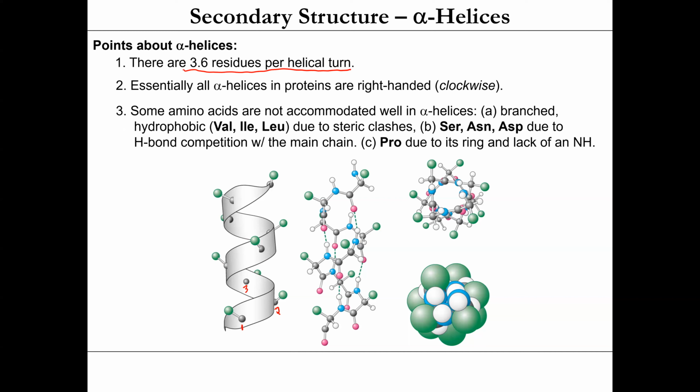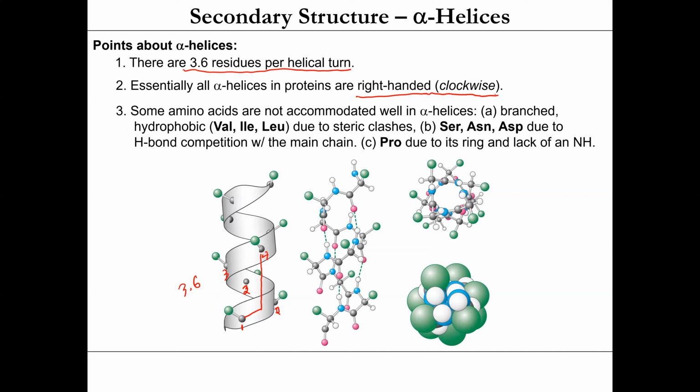And then the fourth residue here is a little bit more than one helical turn. So there's 3.6 residues per helical turn. Another point is that essentially all alpha helices in proteins are right-handed, so they turn in a clockwise direction. You will find some left-handed helices, and they are actually accounted for on that Ramachandran plot, but right-handed helices are a bit more thermodynamically stable, and so they're much more common in proteins.